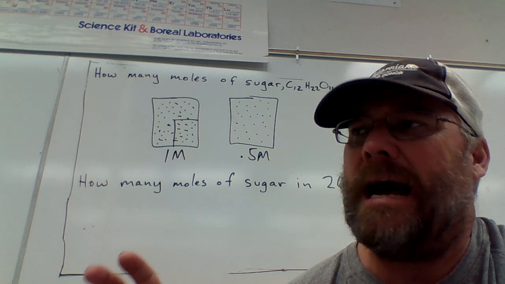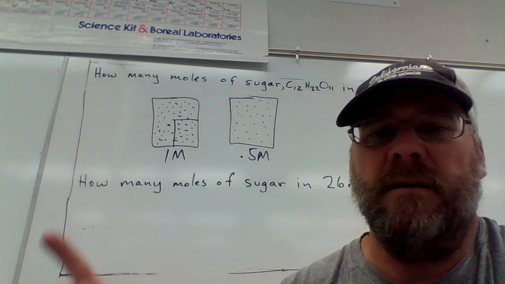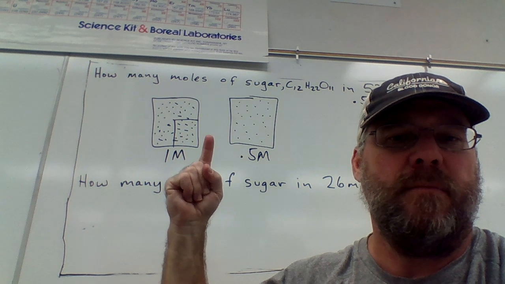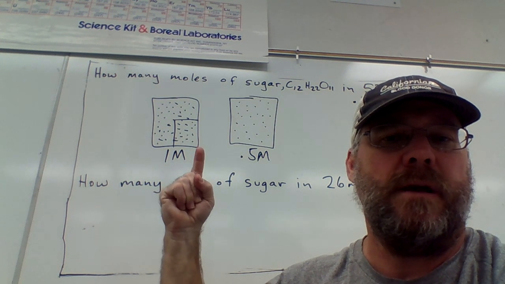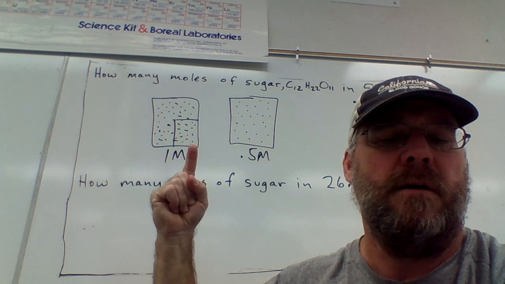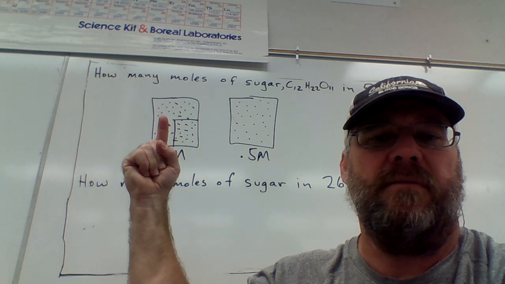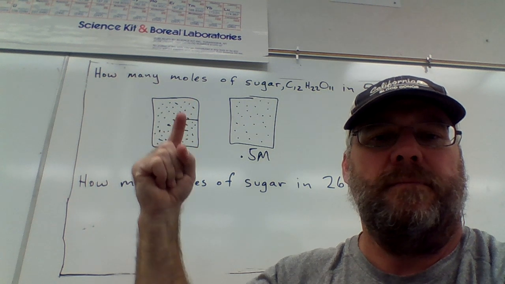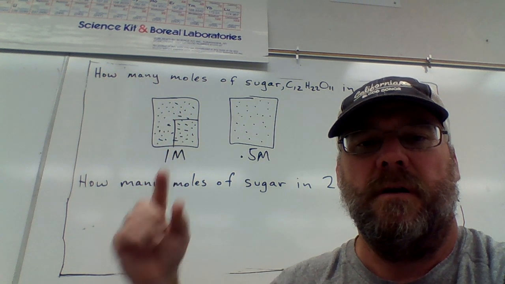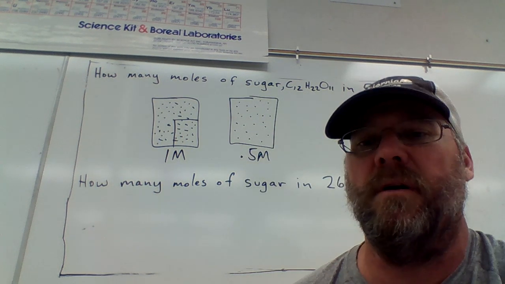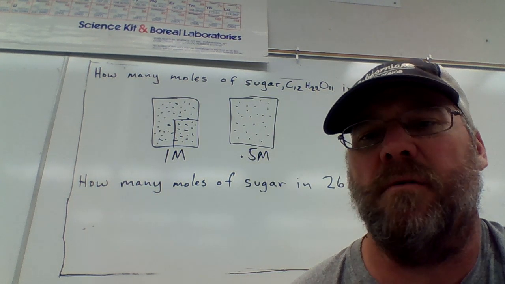And inside any given square or chunk of that solution, let me see if I can get my finger, that little square that's right there, that little chunk of the rectangle, that is exactly the same as all the rest of this stuff. So that picture, if I was to pull that out, it would still be 1 molar of solution. It would just be a smaller amount.